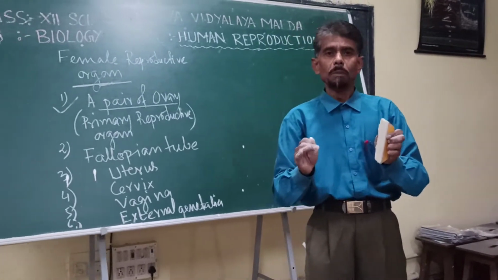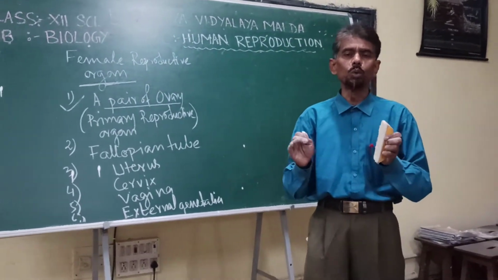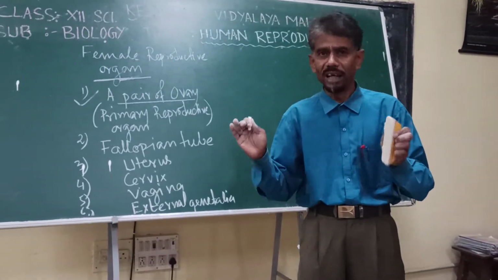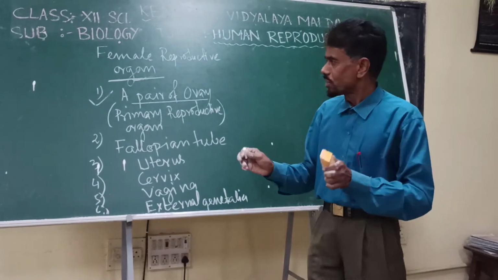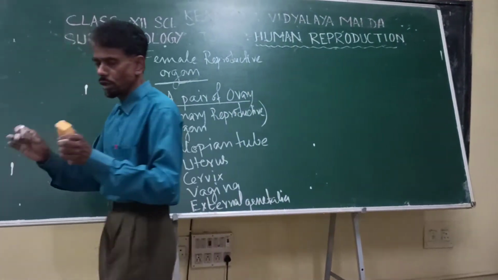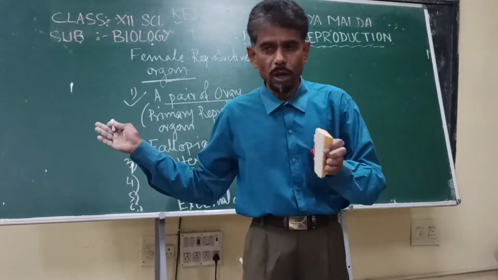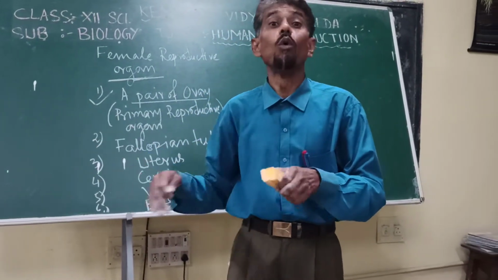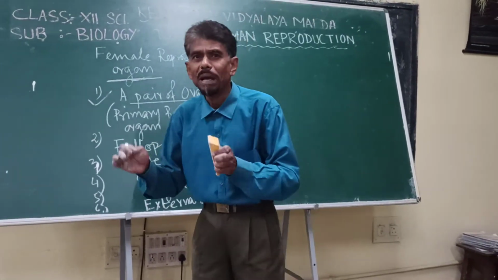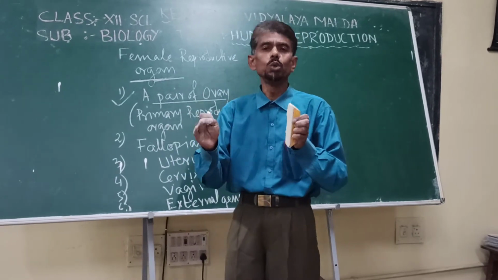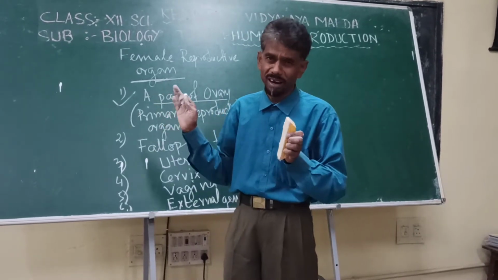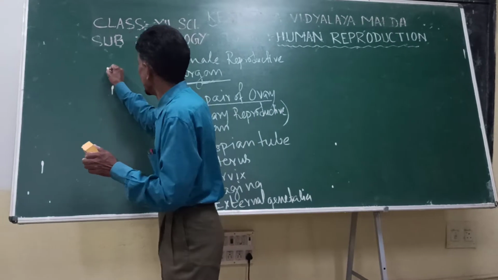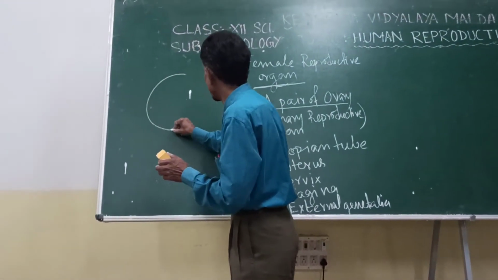Each ovary measures around 2 to 3 centimeter in length.